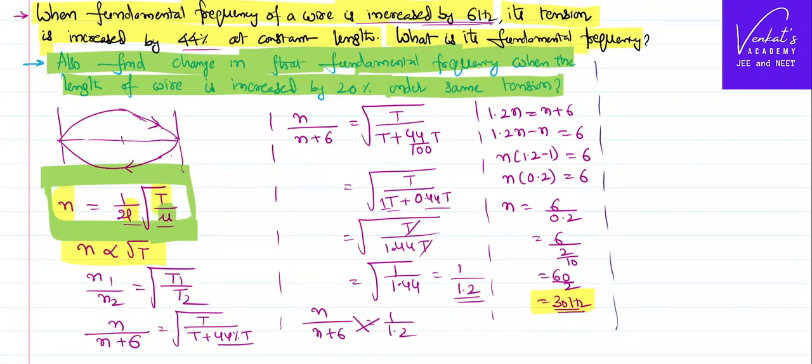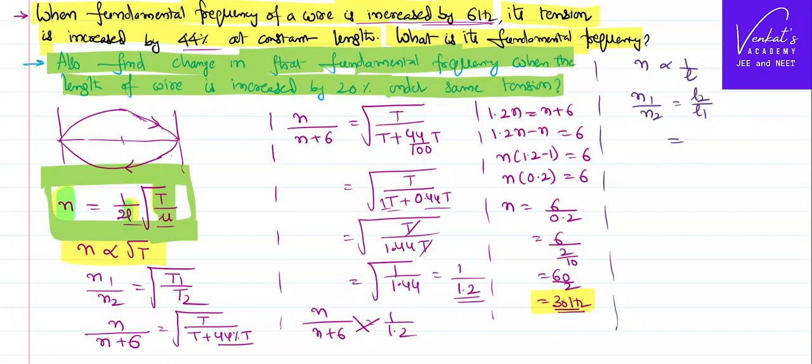Now linear density is constant, tension is constant, so length and frequency are related to each other. What's the relation between them? As we know well, N is inversely proportional to L, because tension is kept constant. So N1 by N2 equals L2 by L1.